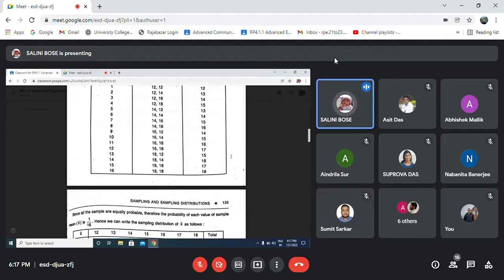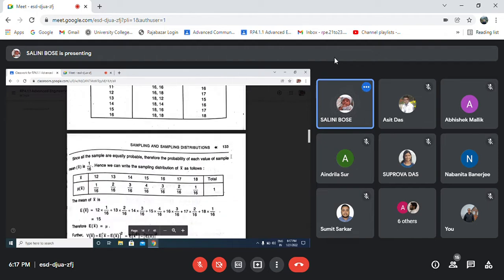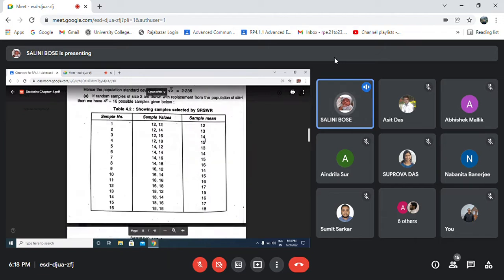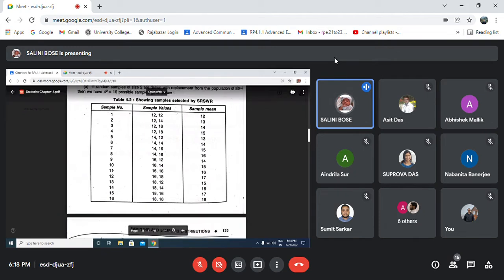Hence we can write the sampling distribution of x bar like this. Here we are taking the sample mean, that is x bar. These are the sample means. Here we have the different values 12, 13, 14, 15, 16, then 18 occurring.